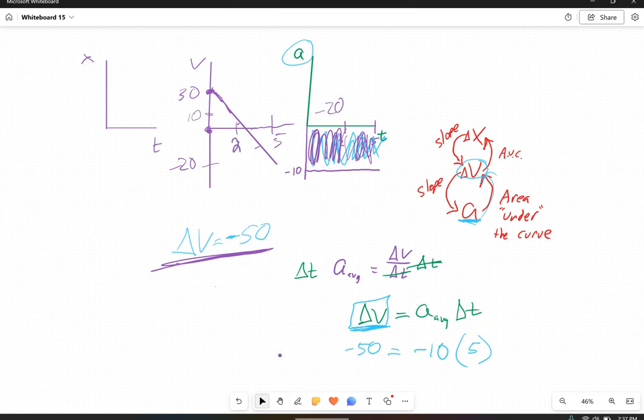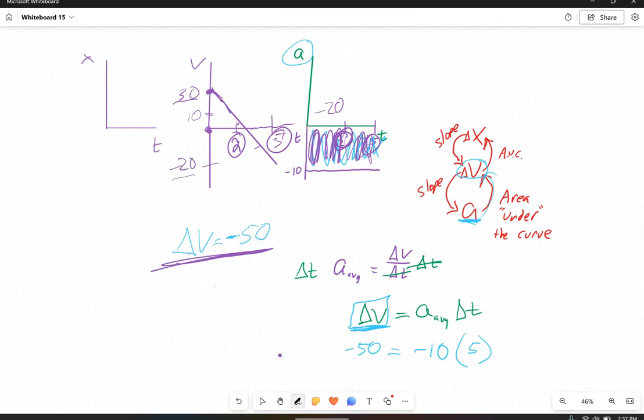My time interval is exactly the same. This 2 seconds represents this 2 seconds. This 5 seconds represents this 5 seconds. I have gone from a +30 to a -20.